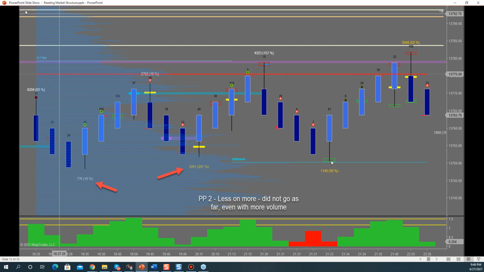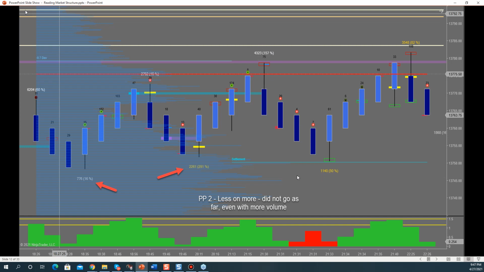Because it went just a little further, but on half the volume. That is now a power play 1. Does everybody understand that difference? The market goes further on less volume than the last push down. Here the market went up further on more volume. That's not divergence. That's not a power play 1.